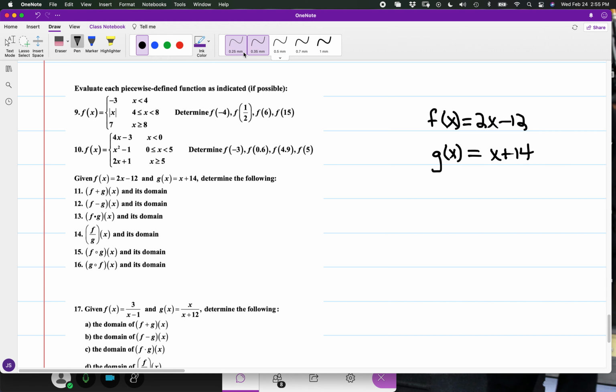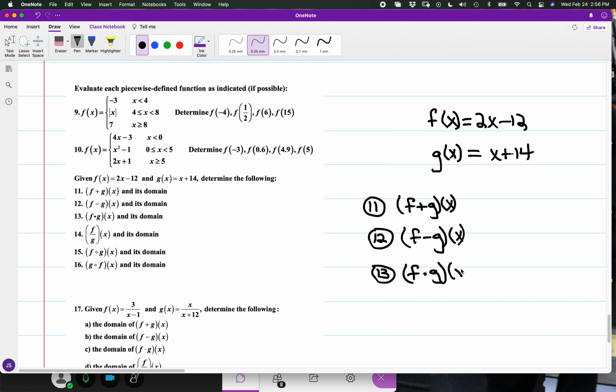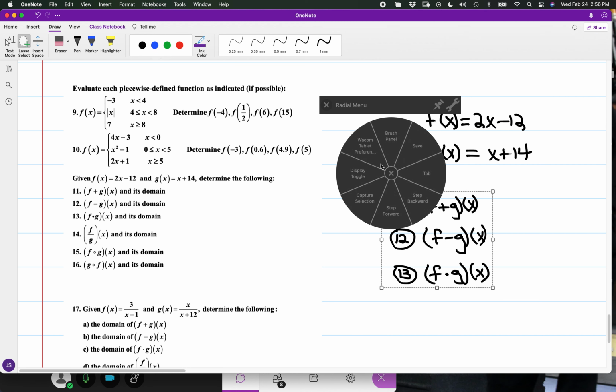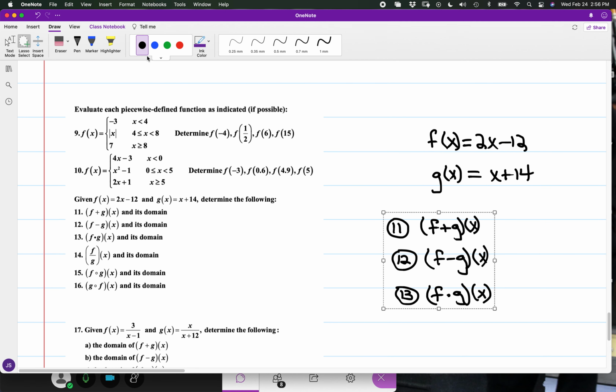Again, for 11, 12, and 13, the sum, difference, and product functions are all going to have the same domain. And I'll get to the domain of these in just a moment.